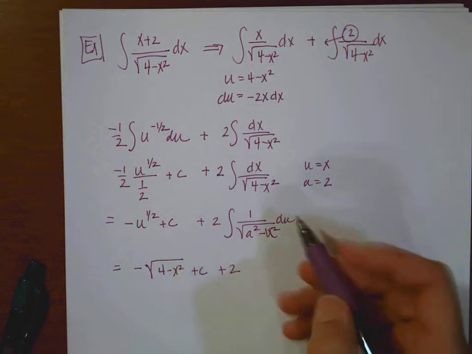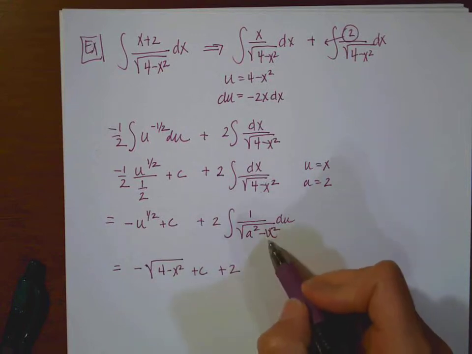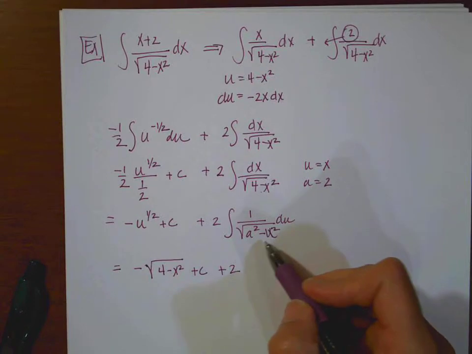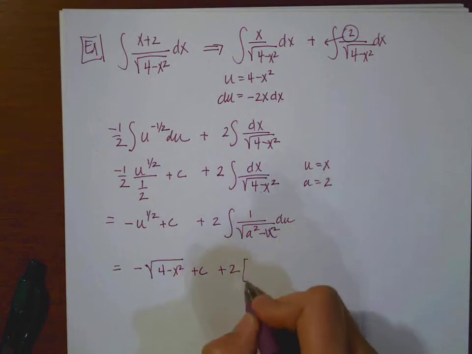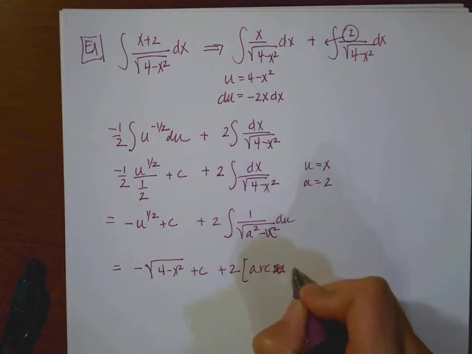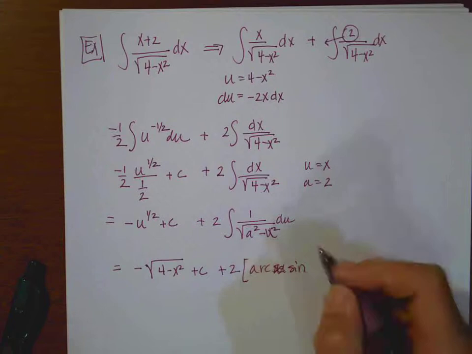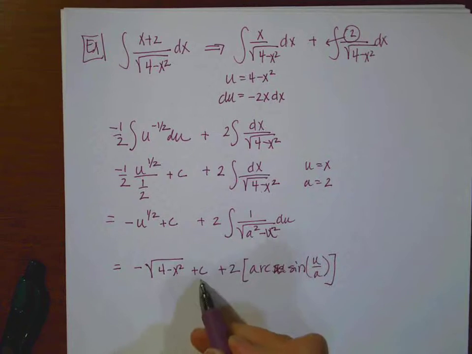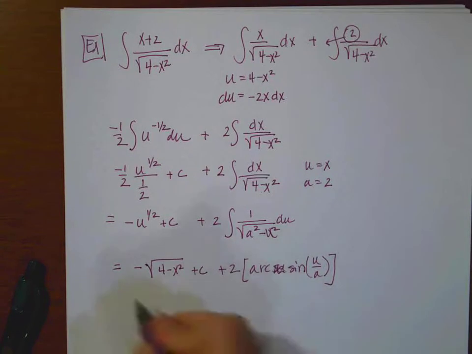I'm just going to put my c right there. Here's the plus 2. Well, this is the arc secant, right? So when I integrate arc secant, so here's going to be the 2. Then I'm going to have the arc, oops, it's not secant, it's sine, the arc sine of u over a in parentheses, and I already have one c, so I don't need to have two c's.